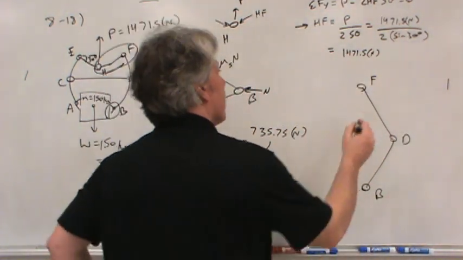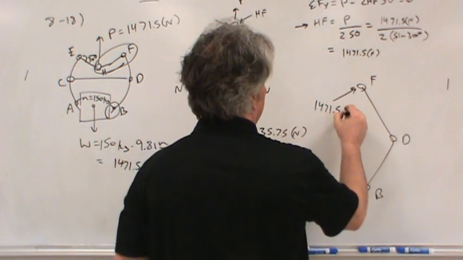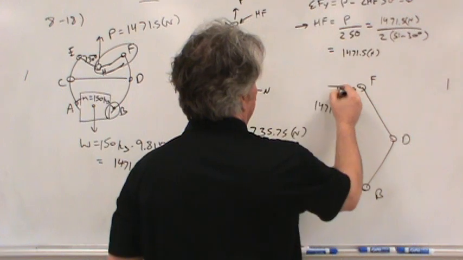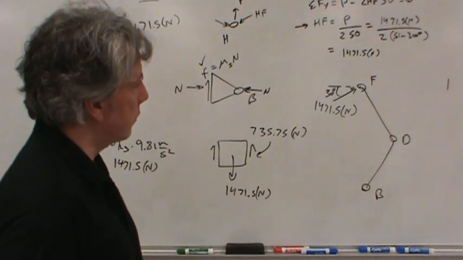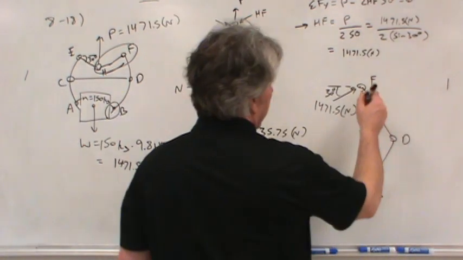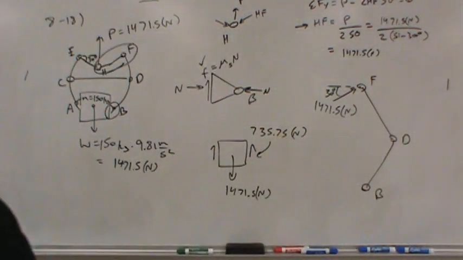We know that the force applied, 1471.5 newtons, is applied at a 30-degree angle. And I don't know if this is perpendicular to FD or not. Let's see if we can figure that out quickly.